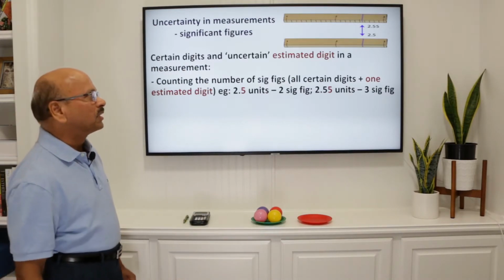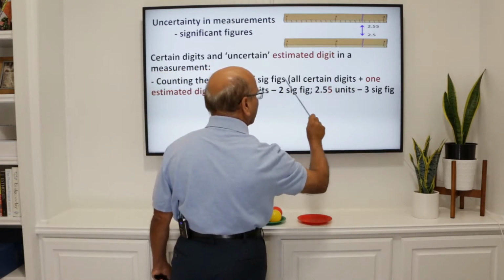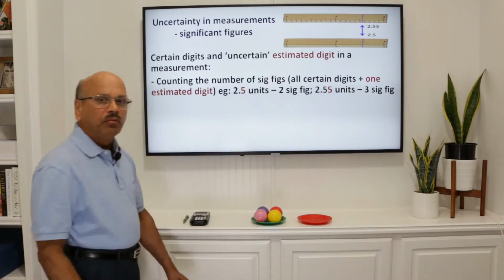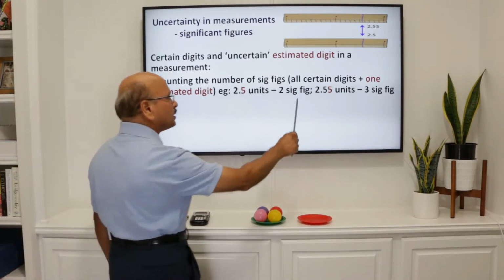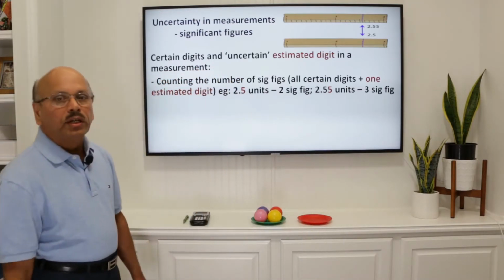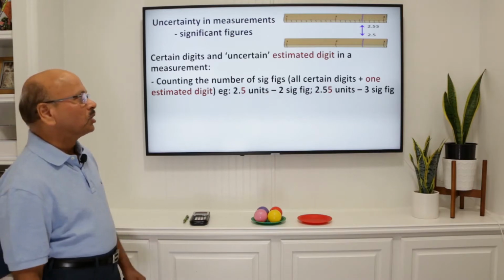For example, in this case, the first ruler gives 2.5, which has 2 significant figures, and the second measurement has 2.55, so it has 3 significant figures.